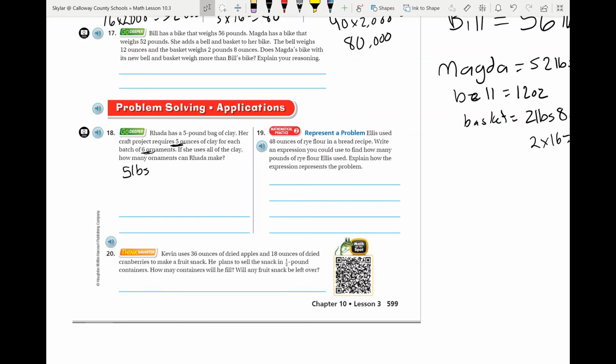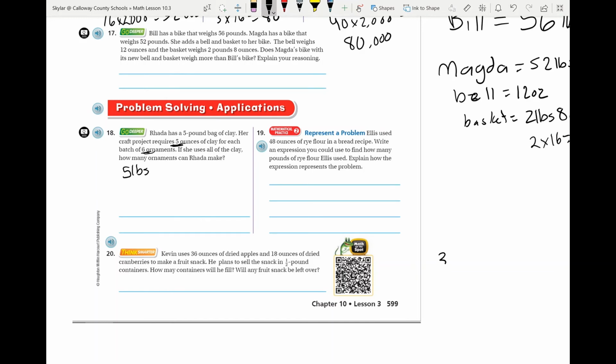So Kevin uses 36 ounces of dried apples and 16 ounces of dried cranberries to make a fruit snack. He plans to sell the snack in half-pound containers. How many containers will he fill, and will any fruit snack be left over? So, I'll give you a hint for this one.